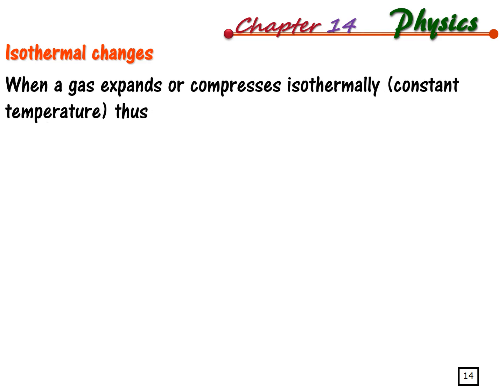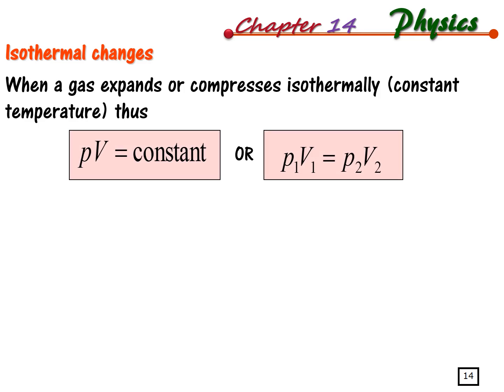For both expansion and also compression, the temperature remains unchanged, related to Boyle's law. So we can apply these two equations to solve a problem in isothermal changes, either expansion or compression.